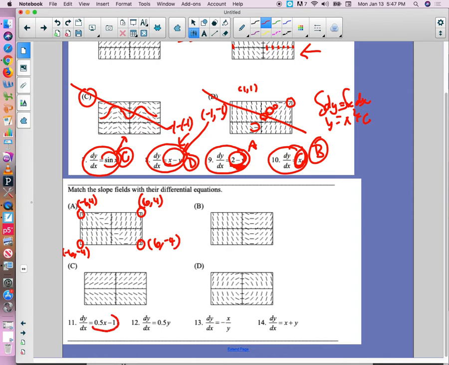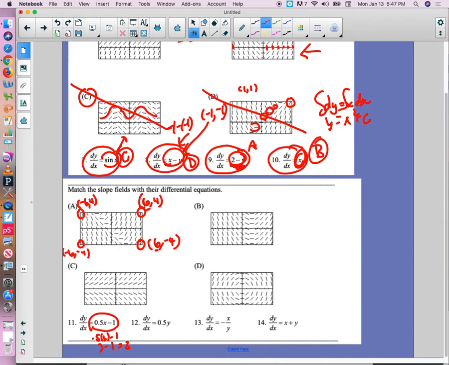Let's look at this one and see if it could possibly be a match. If I take half of 6 minus 1, I get 3 minus 1, so I get 2. And so on all of these 6's, I should have a slope of 2, which doesn't look like that's happening here.